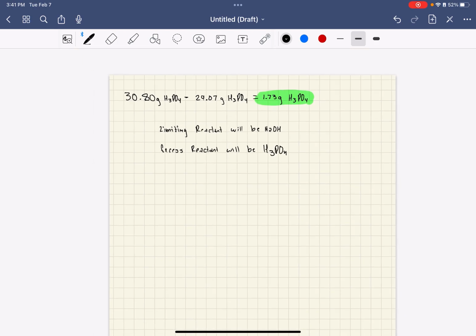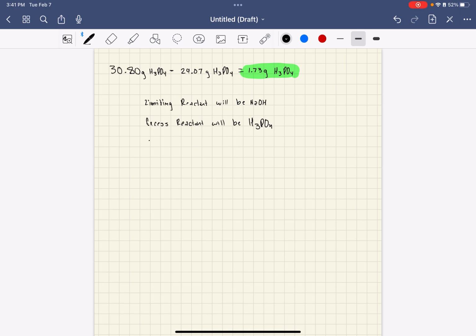The excess remaining will be, as we just found out, 1.73 grams of H3PO4.